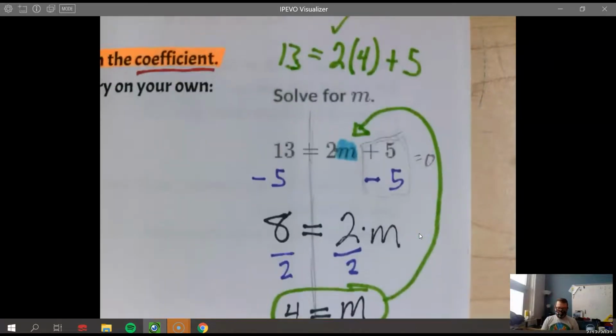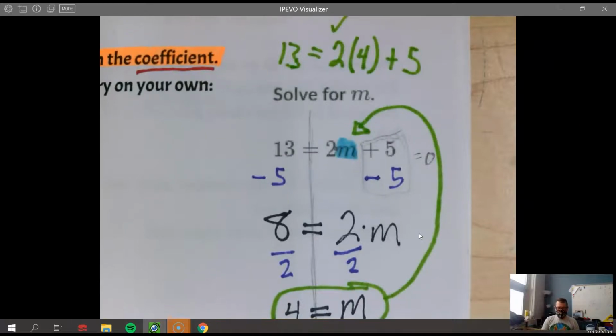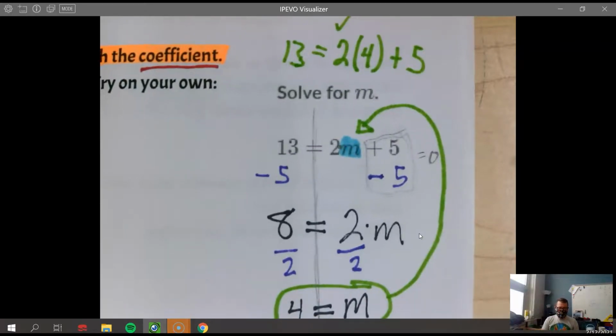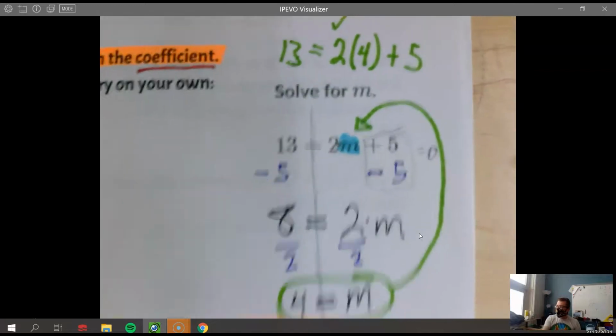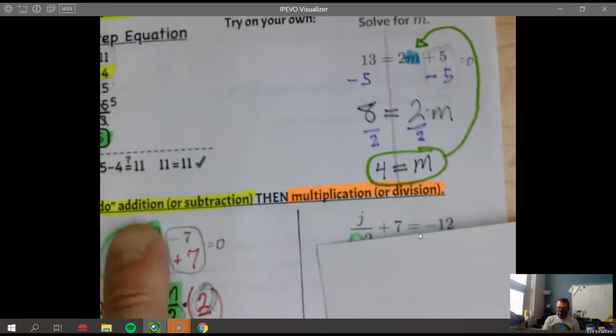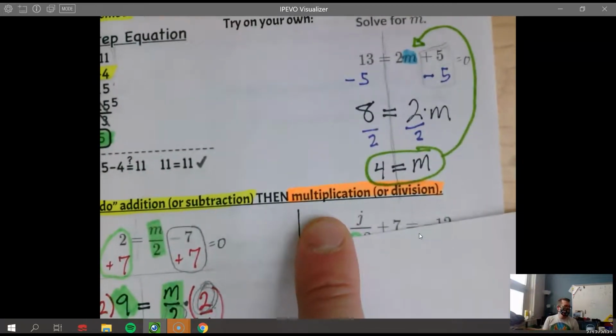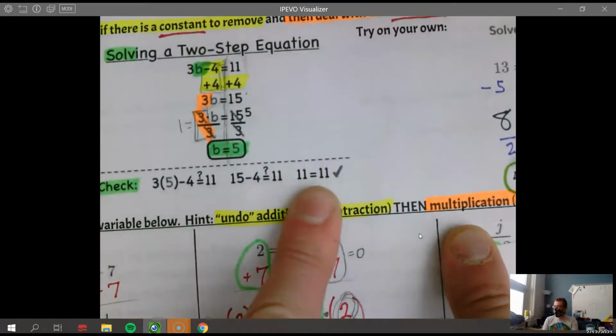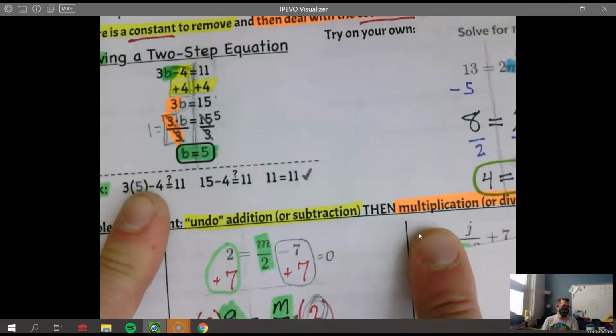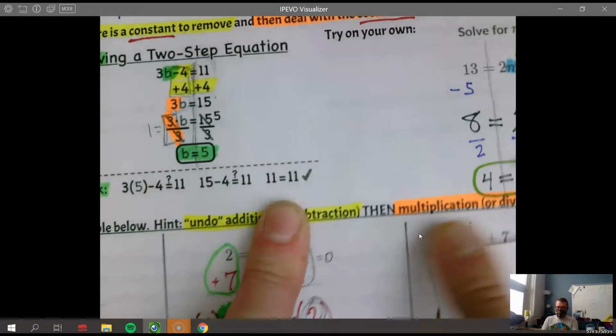I want you guys to attack the next 3 on your own, where it says solve for each variable below. I would again highlight. And by the way, the check process, we showed it to you right here. We showed you the check process here.